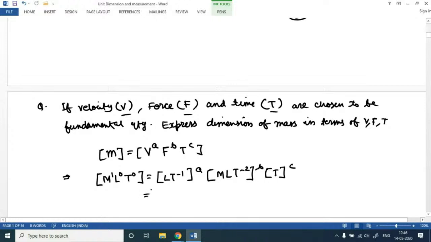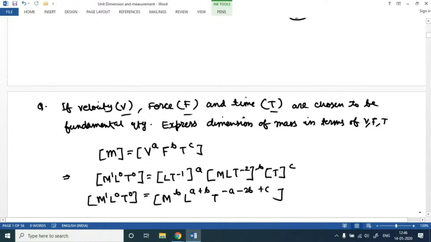When you combine that, you will get M to the power b, L to the power a plus b, and T to the power minus a minus 2b plus c, and that you can compare with M to the power 1, L to the power 0, T to the power 0.